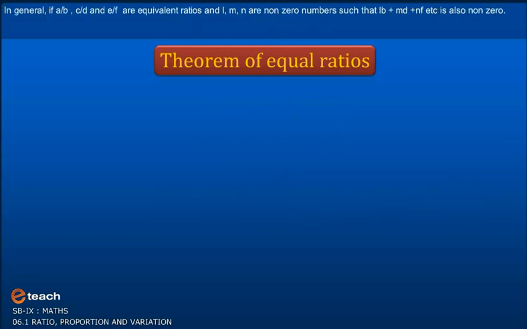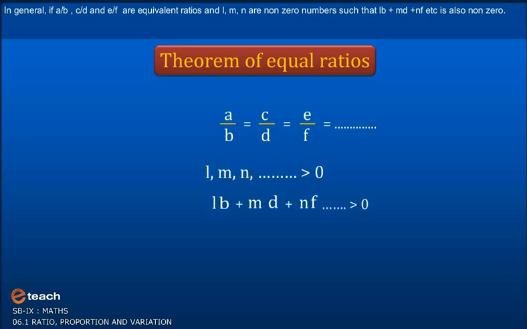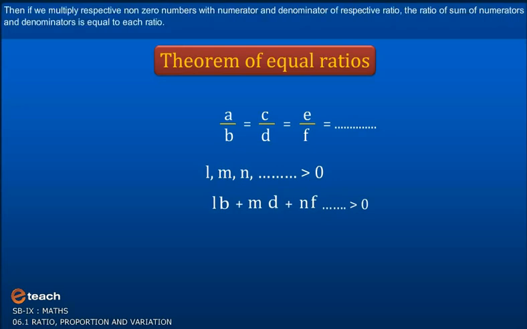Yes, it is. In general, if A by B, C by D and E by F are equivalent ratios and L, M, N are non-zero numbers such that LB plus MD plus NF, etc. is also non-zero, then if we multiply respective non-zero numbers with numerator and denominator of respective ratio, the ratio of sum of numerators and denominators is equal to each ratio.